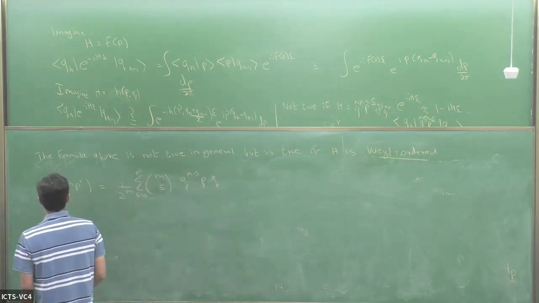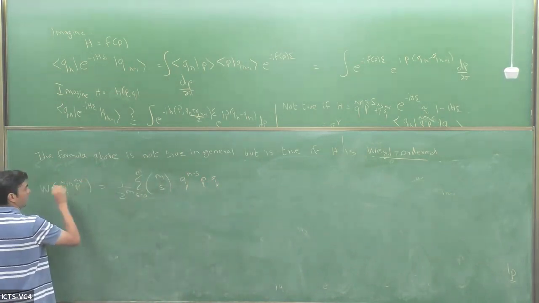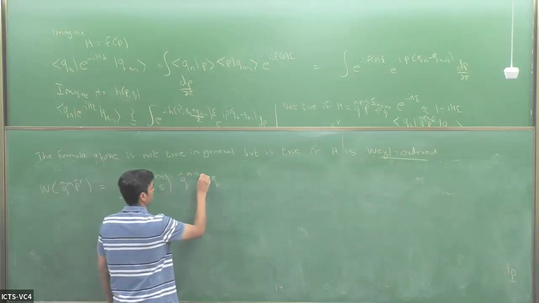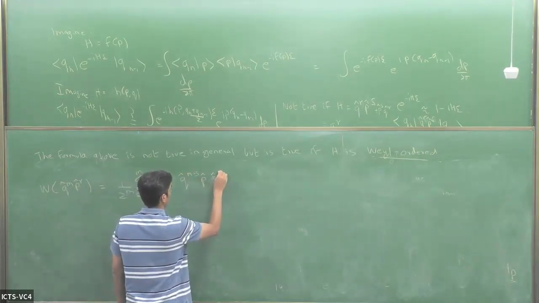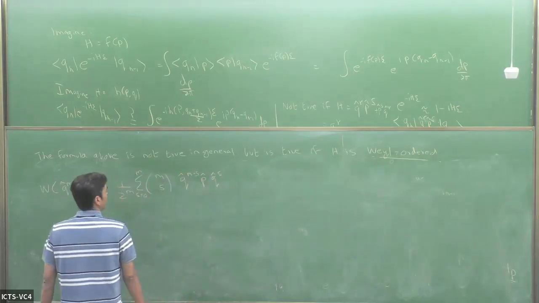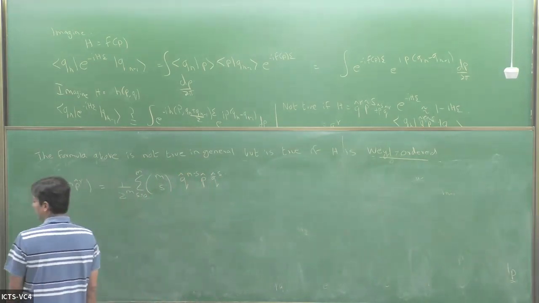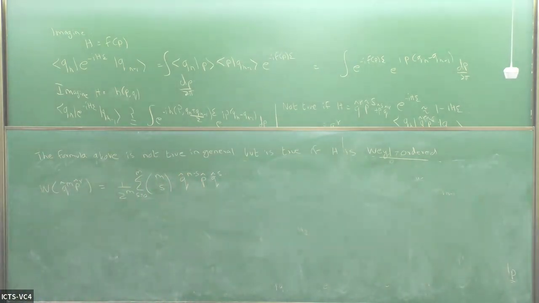This is true for operators, of course. Otherwise, it doesn't make any sense. It means that you basically sprinkle the q's around the p's in this particular way. This is the definition of Weyl ordering.